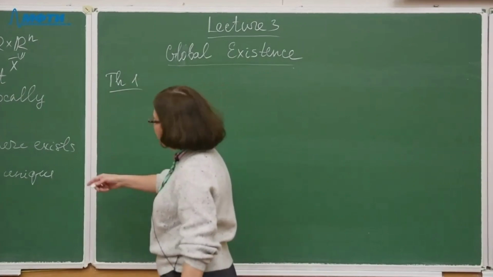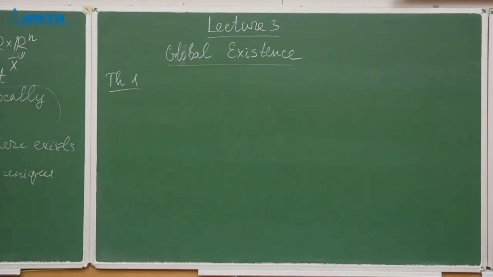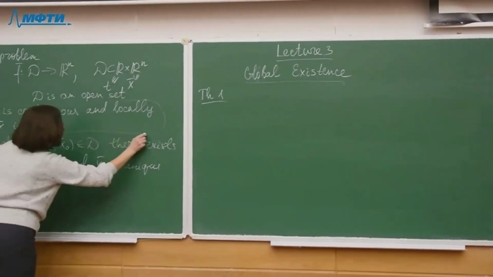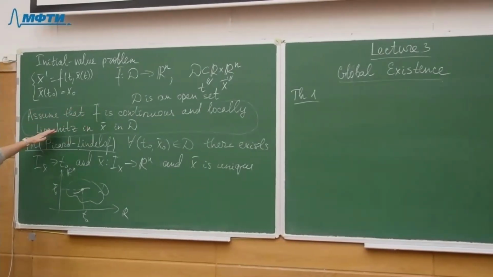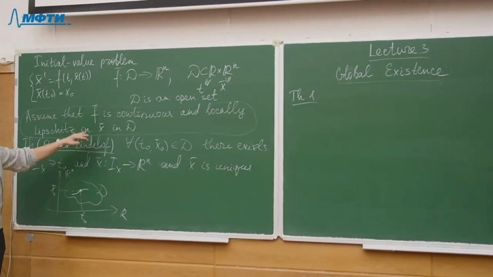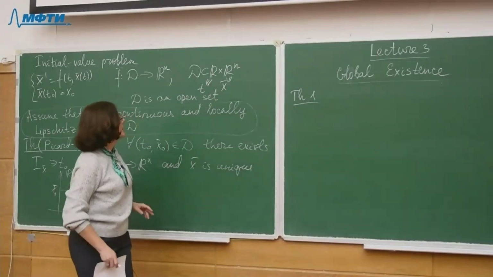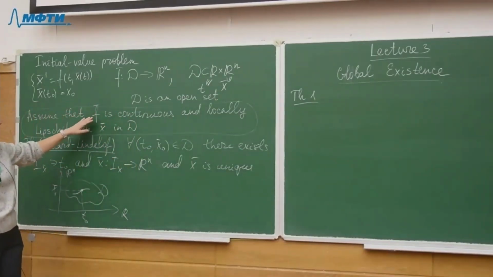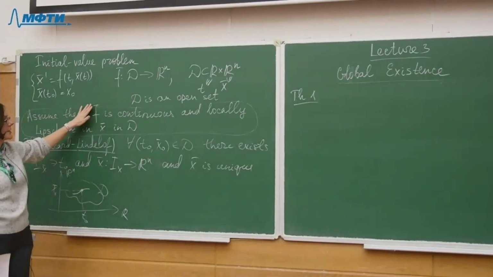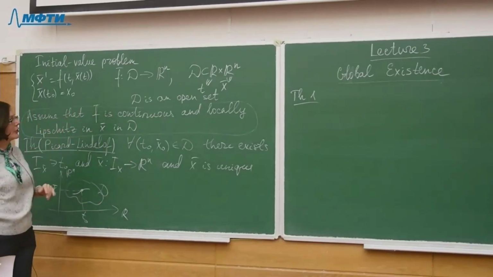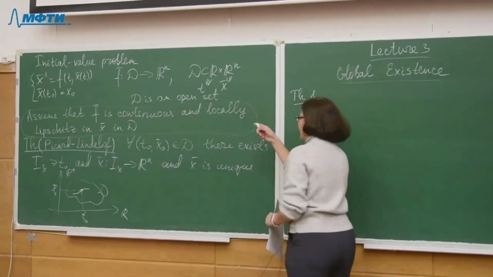The beginning will be the same for all the statements today. Assume that F is continuous and locally Lipschitz in x and D. D is an open set, a subset of Rn plus 1. So we will consider only the functions which are continuous and locally Lipschitz in x and D.